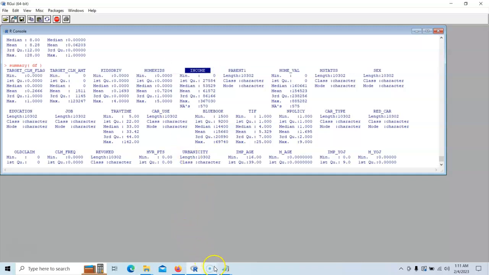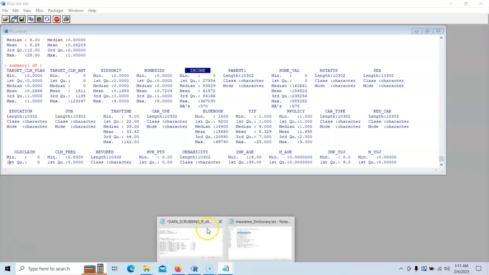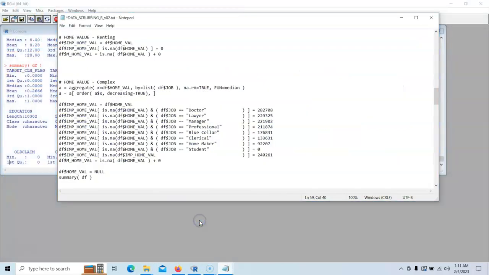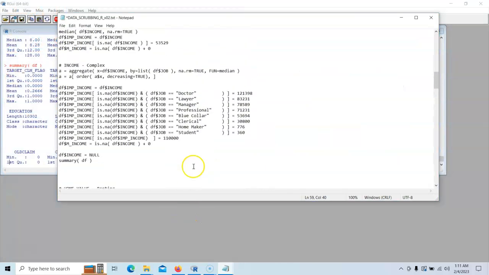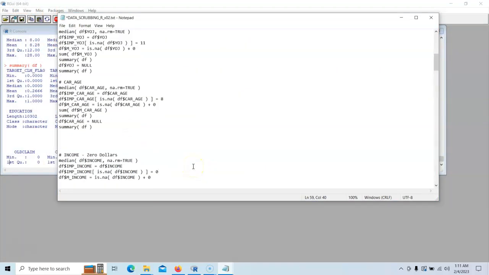Now, we could do this a couple of different ways. So if we don't know your income, what should we do about that? Well, one thing we could do is assume that if you applied for insurance with our company and you didn't tell us your income, we could do something using a business rule, for example.